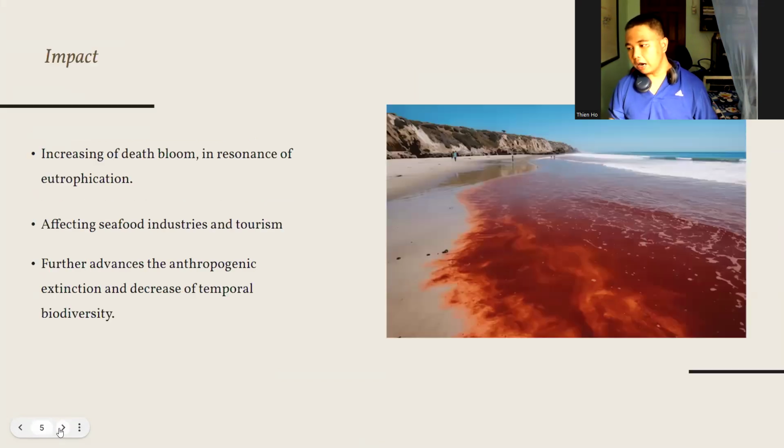So the impact of this is not measured by any number or any model of ours, but we could say that it has a strong impact on fisheries and seafood aquaculture industries like shellfish and mollusks. It could also increase the death bloom. What is the death bloom anyway? Death bloom is the phenomenon that happens when you have eutrophication. Eutrophication means that the water has excessive nutrients.